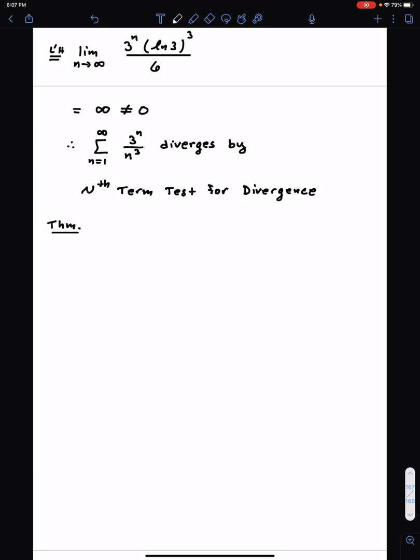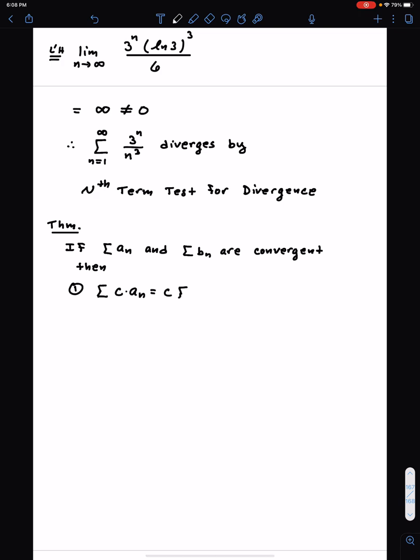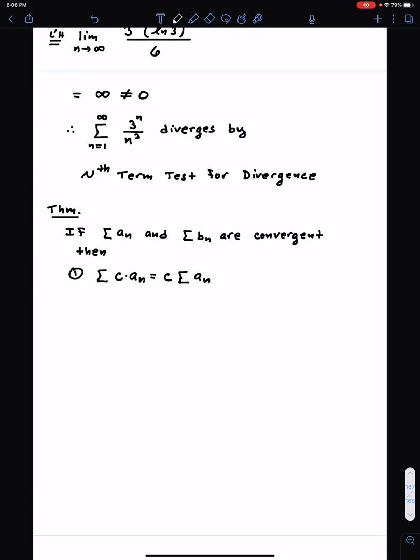Theorem. If the series a sub n and b sub n are convergent, then 1, the series C times a sub n is equal to C times the series a sub n, is also convergent.